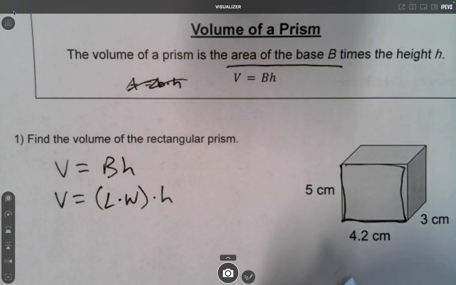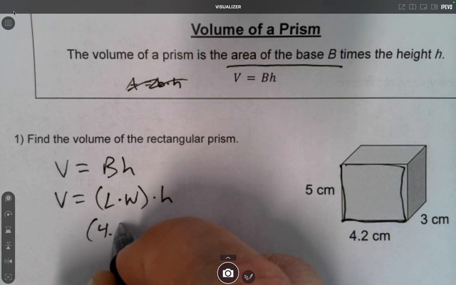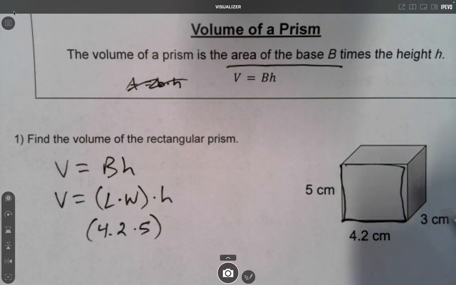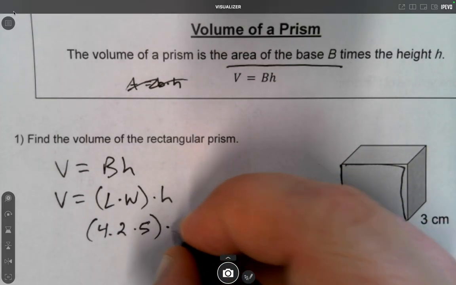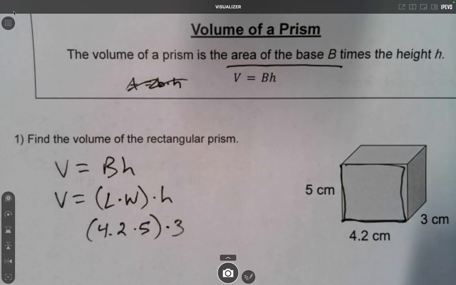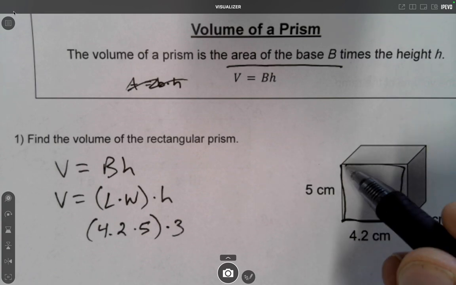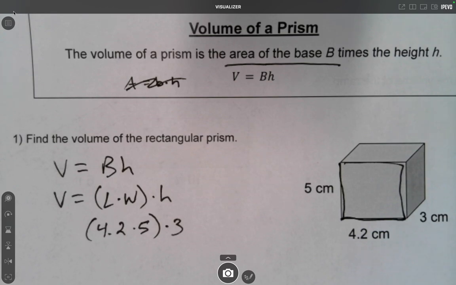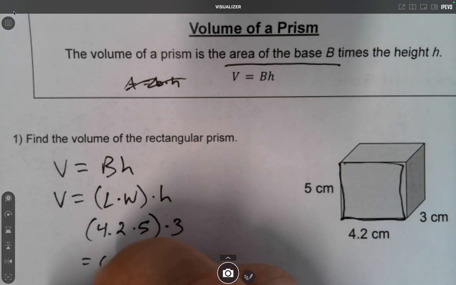So length times width, we'll do 4.2 times 5. And then the height would be 3. That's the distance back that it goes. So the height is 3. So we found the area of this rectangle, that is its base, and then its height going backwards would be 3. So we get 4.2 times 5 times 3, and that gives us 63 cubic centimeters.